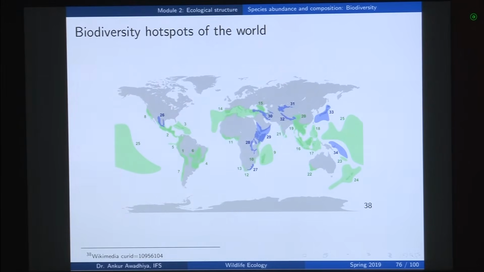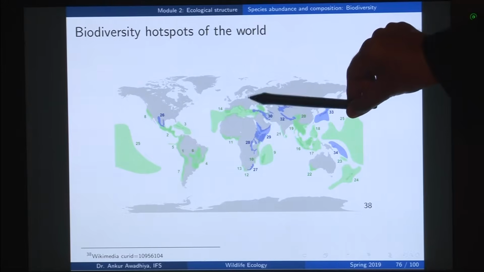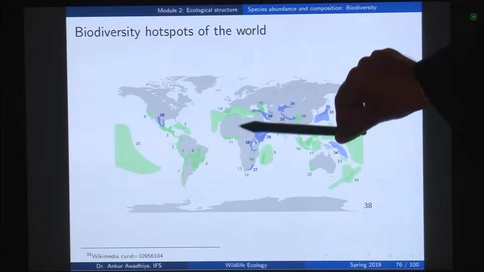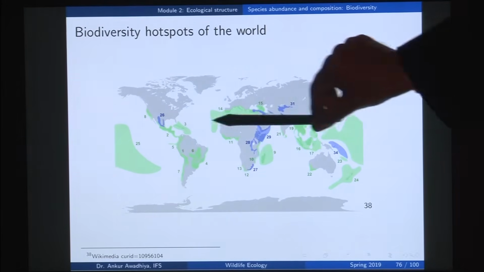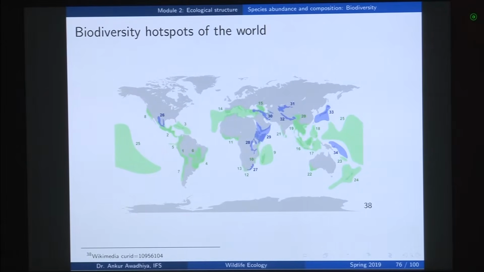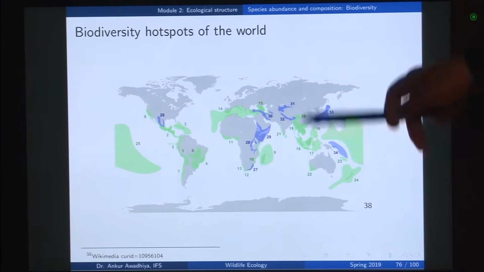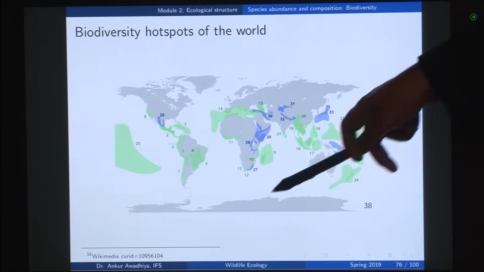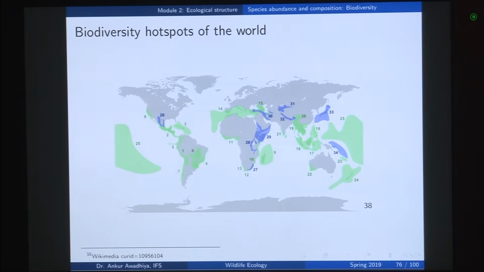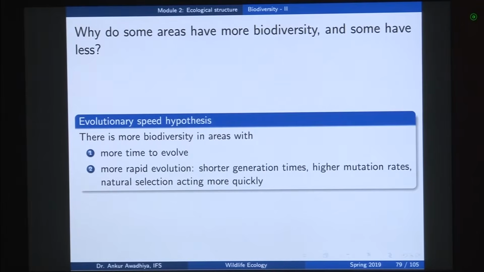In particular, we can see that the areas between the Tropic of Cancer and the Tropic of Capricorn are the areas that predominantly have a larger amount of species richness. On the other hand, if we look at the areas on the very north or south, that is the Arctic region or the Antarctic region, there is very little species richness. Now, what makes certain areas have more richness, and what makes certain areas have less species richness, or more biodiversity or less biodiversity?